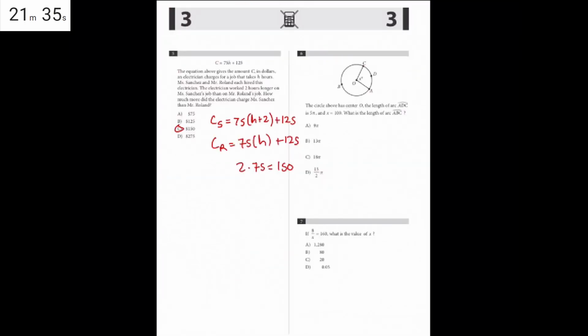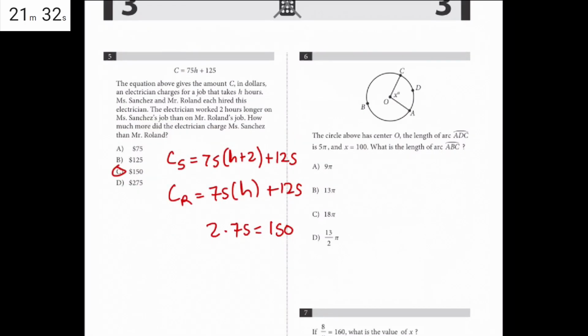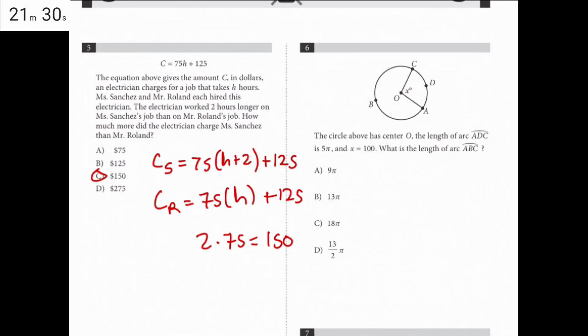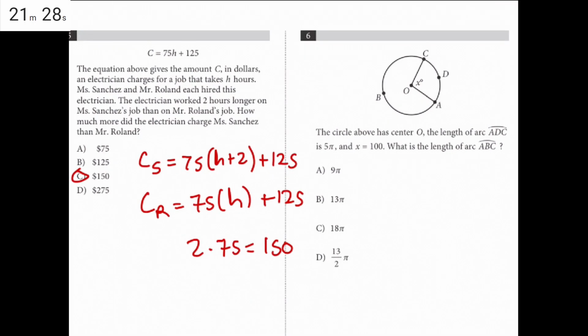Okay. Number 6. The circle above has center O. The length of arc ADC is 5 pi. So ADC is 5 pi, that's this right here. And x is equal to 100.